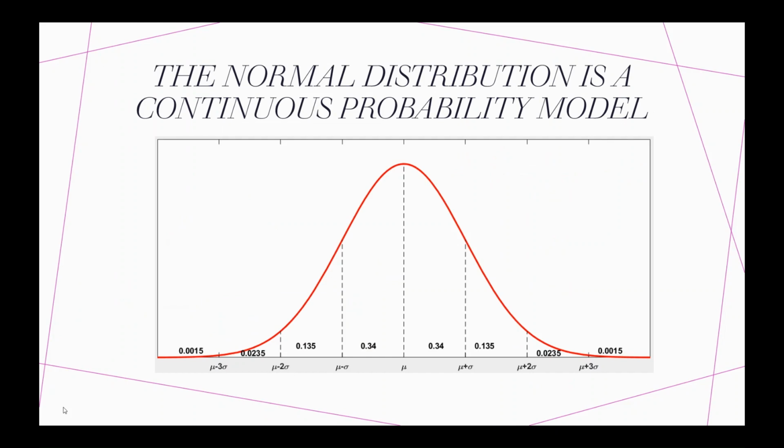The area under the curve then that is within two standard deviations of the mean will have an area of 0.95. And then lastly, the area under the curve that's within three standard deviations of the mean will have an area of 0.997.